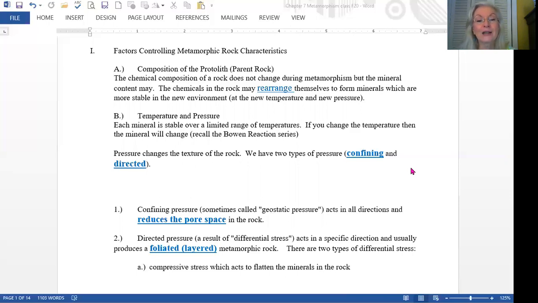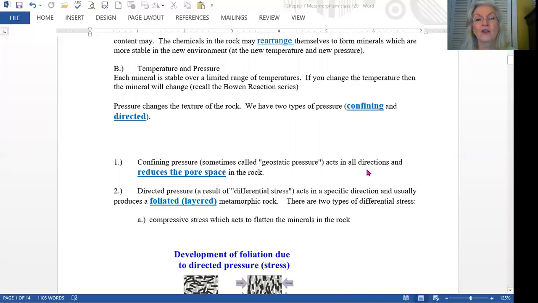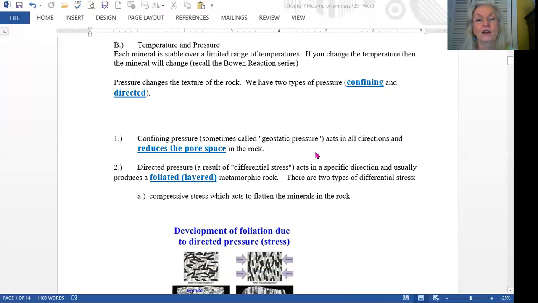So confining pressure reduces the pore space. It changes the amount of open space in a rock. It's sometimes called geostatic pressure. If you want to think of it as you've got a ball and you squeeze all the way around, as long as the forces that you exert are uniform, that's confining pressure.